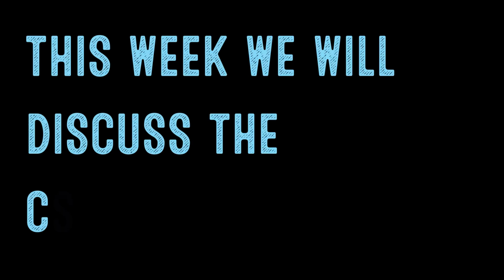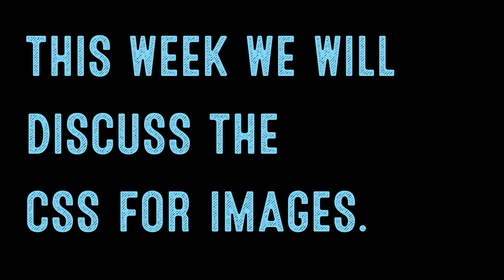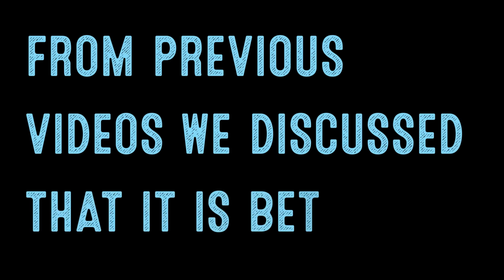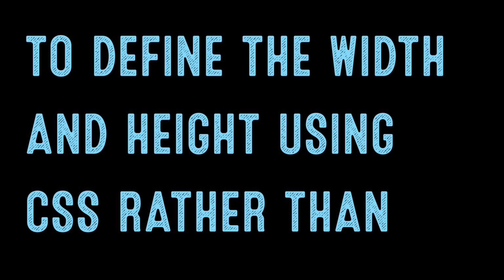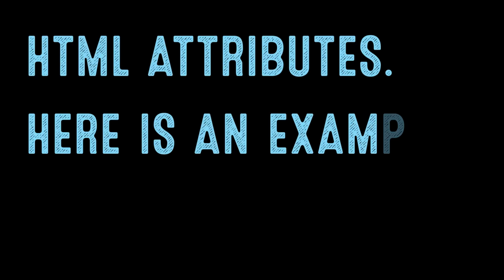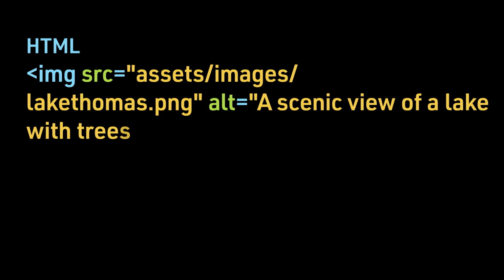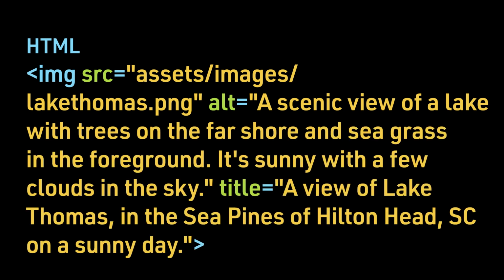This week we will discuss the CSS for images. From previous videos, we discussed that it is better to define the width and height using CSS rather than HTML attributes. Here is an example. Our HTML image element: source equals assets/images/lakethomas.png.